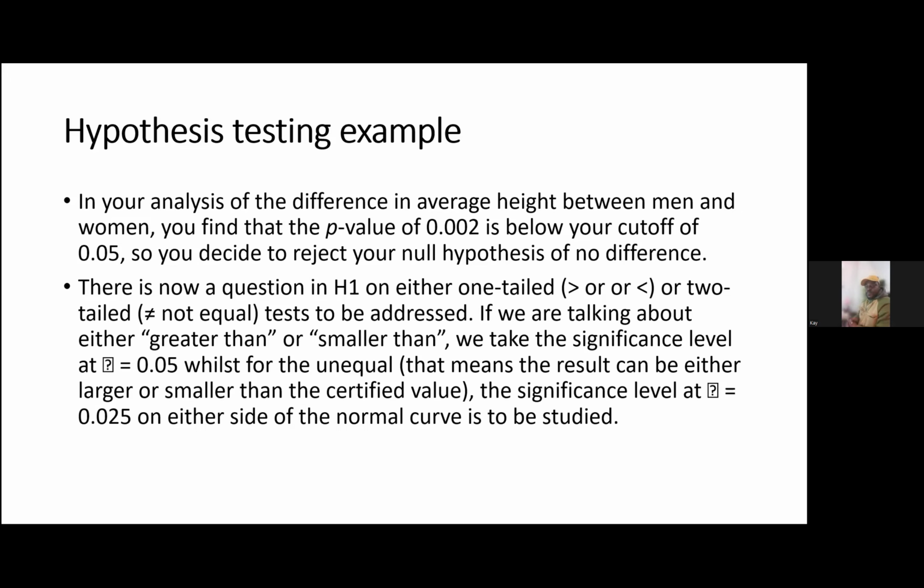There is now a question of, in hypothesis testing, whether the test you perform is one tail or a two tail. Okay, so my ladies and gentlemen, let's be guided on setting the level of confidence.